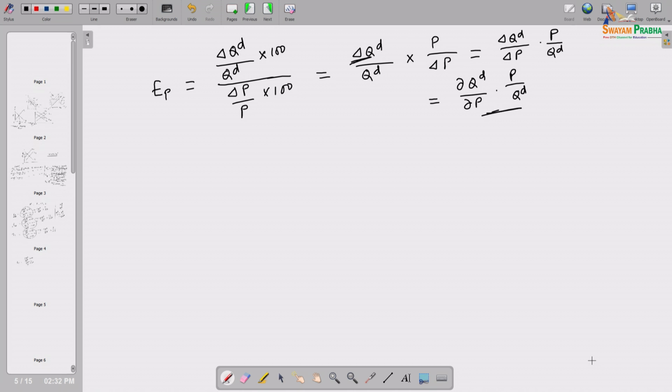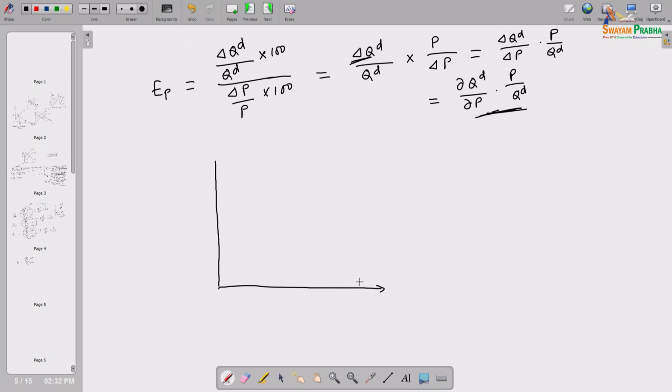In fact, the book we are following does not use this calculus notation, but we will use it in certain cases, which will fine-tune our understanding. Okay, that will be very easy for you to understand. So, this is our elasticity of demand.